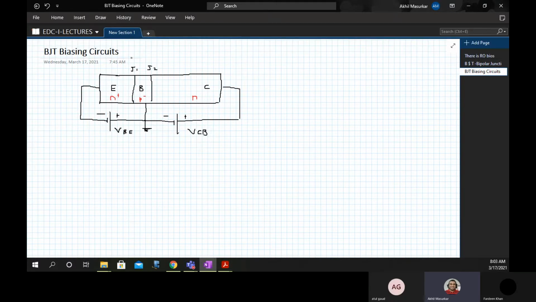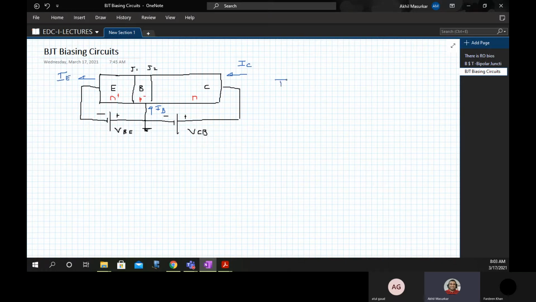The conventional flow of current is going to be this way. So IC is going to come this way. Then from here we will have IB, and IC plus IB is going to be IE. Last class we saw the relationship between IE, IC and IB.